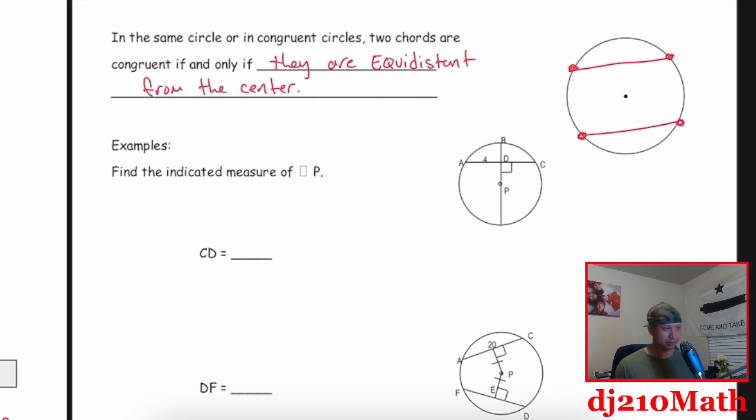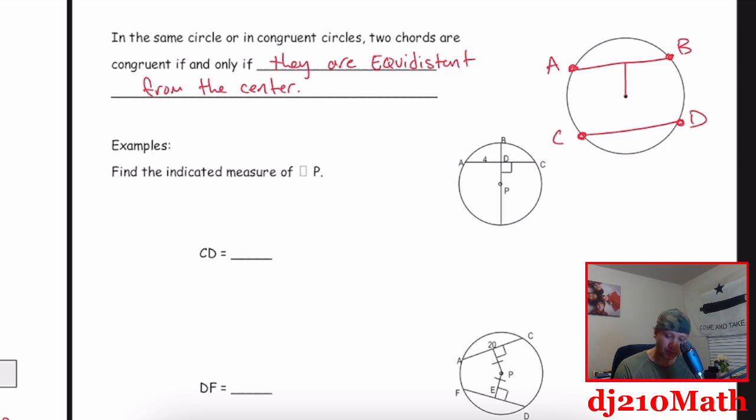Let's just keep it simple: A, B, C, D. Okay, the two chords are congruent, right? These are the same length, AB and CD, if and only if they are equidistant from the center.